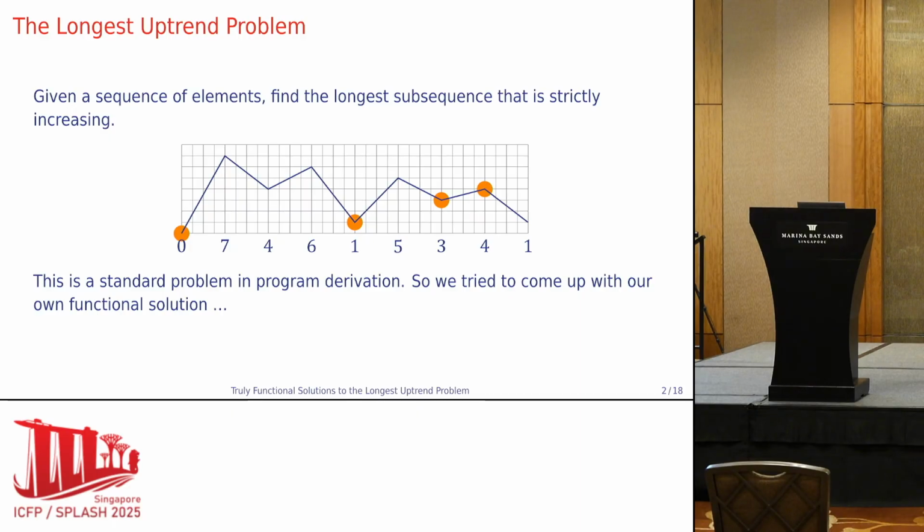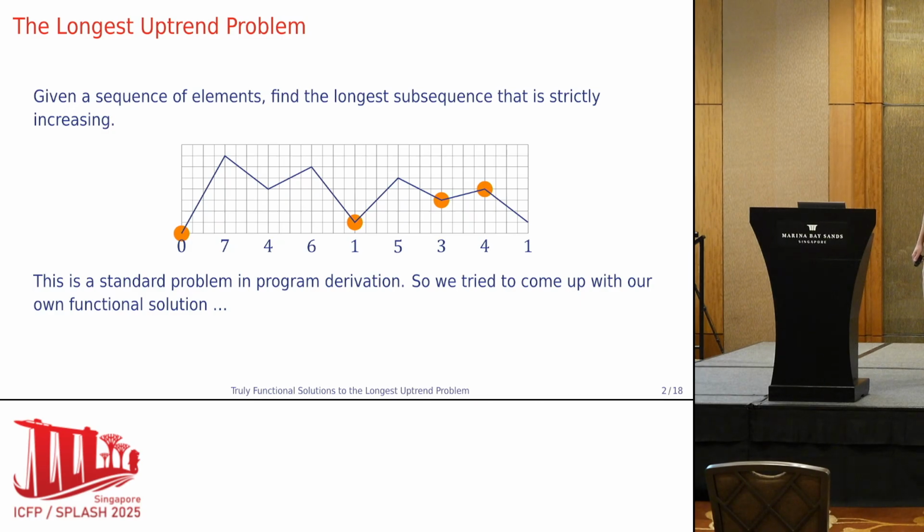Here you can see an example. The orange dots are the longest increasing subsequence. Actually, in general, we have to talk about a longest increasing subsequence. It's not unique in general.